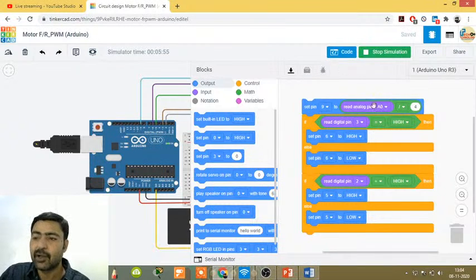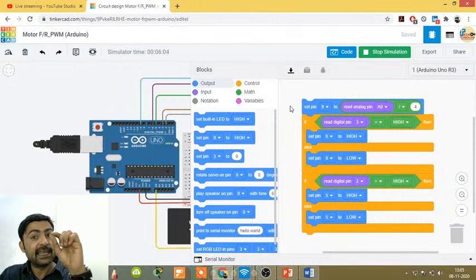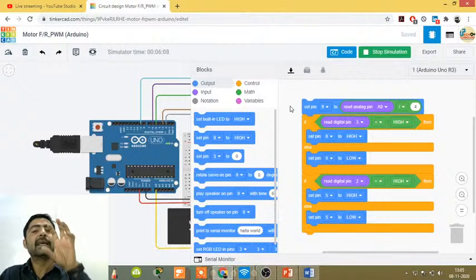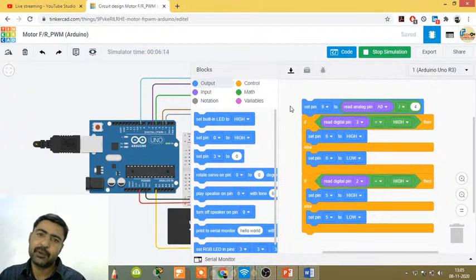I am receiving an analog signal from the potentiometer. Then I am sending the same signal on pin number 9, which is connected to the IC, and that IC is controlling the motor speed based on the analog signal sent by Arduino through pin number 9.